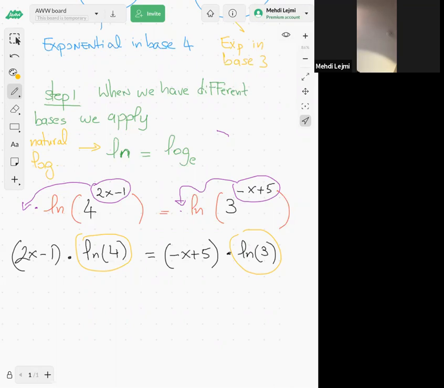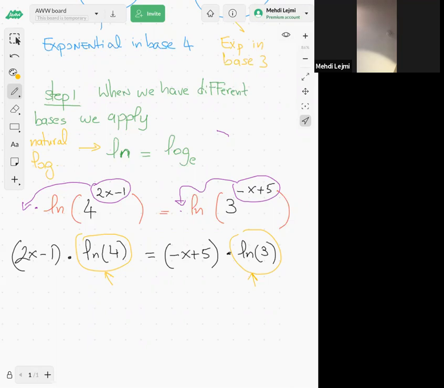So instead of replacing it by a decimal, I'm just gonna keep it. The same here for natural log of 3. It's just some decimal, and instead of using the decimal, I'm gonna keep the natural log of 3. So think of them as just numbers.